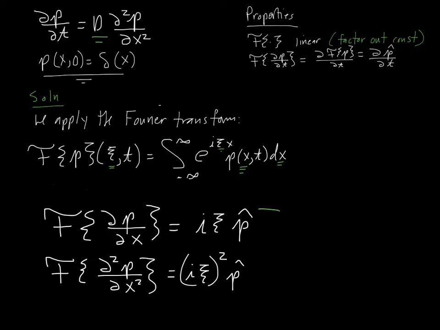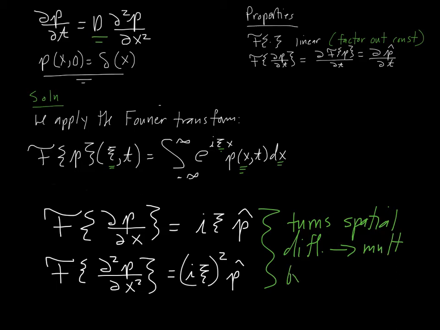So notice this transform turns spatial differentiation into multiplication by ic. That's really nice. If we apply the Fourier transform to both sides, we've taken away one of the derivatives, and hence we'll end up with what's called an ordinary differential equation, which is substantially easier to solve.